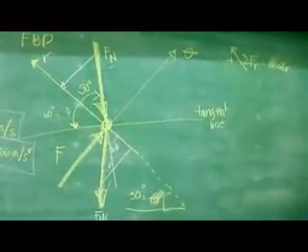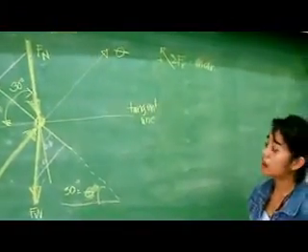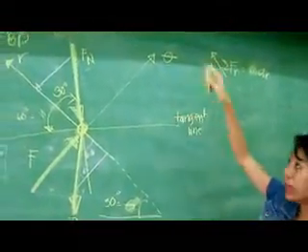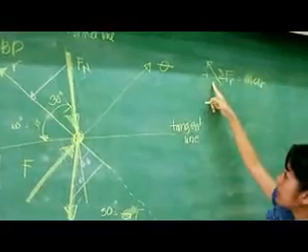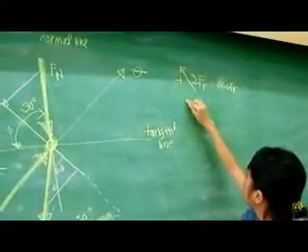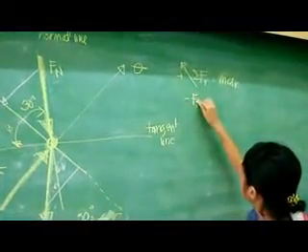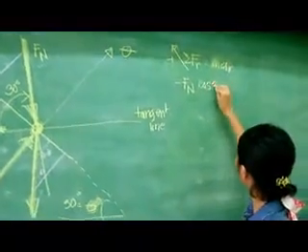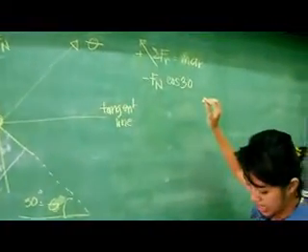So, using the summation of all forces along the radial components, we have our Fn going down. So it's opposite, right? The direction is opposite. So we now have negative Fn cosine 30.